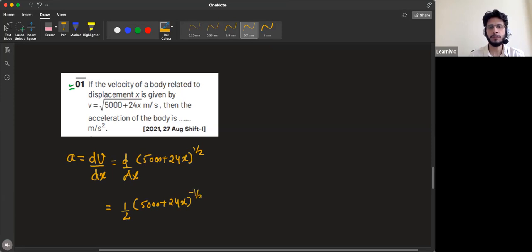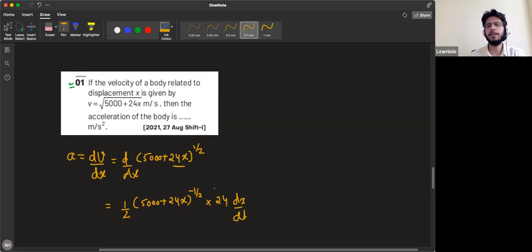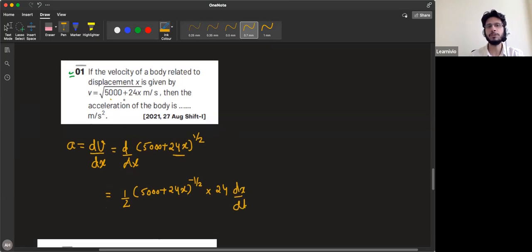So that's minus half. Multiplied by, you will differentiate this term. It comes out to be 24, which is chain rule. And then you will write it dx by dt. So 1 by 2, this is minus half, so it will come into the denominator. And in the denominator, this will be root over 5000 plus 24x into 24.